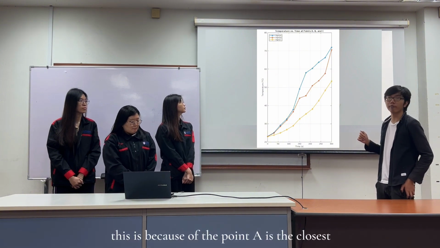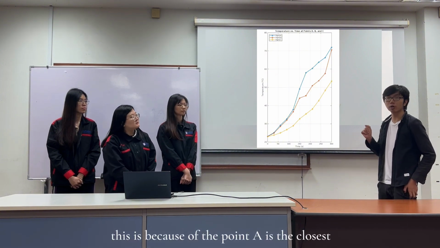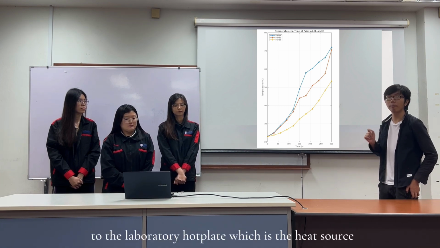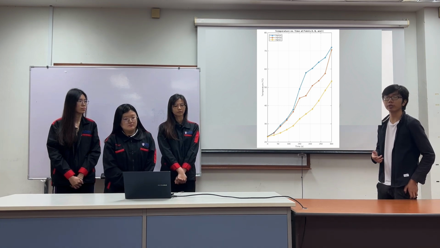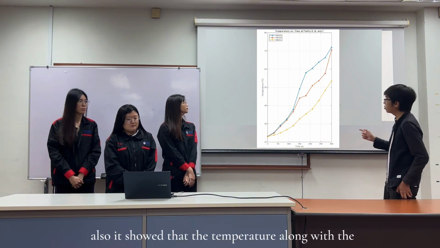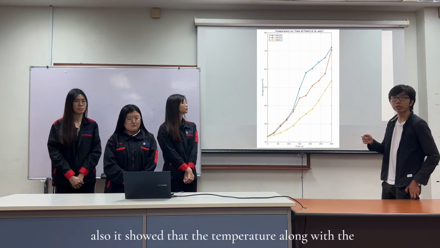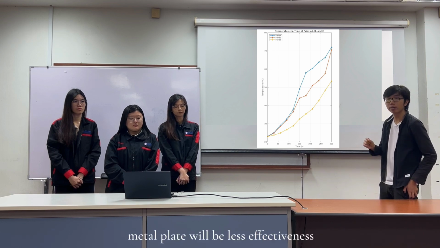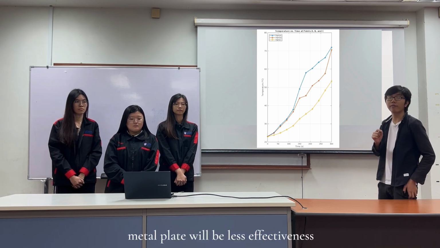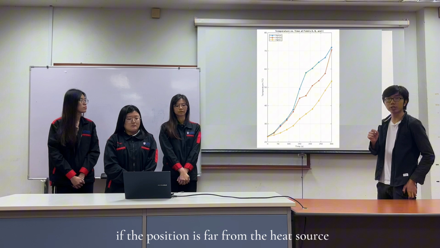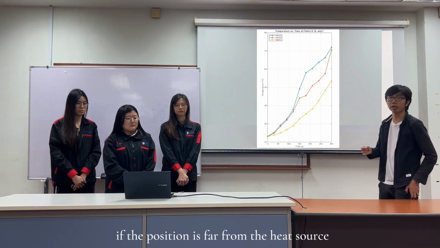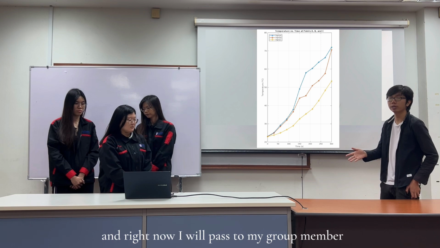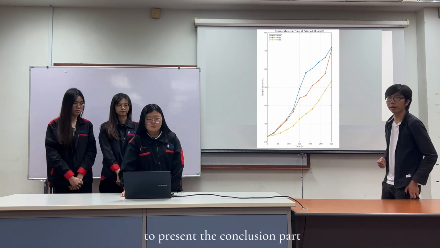This is because point A is the closest to the laboratory hot plate, which is the heat source. It also shows that the temperature along the metal plate is less effective if the position is far from the heat source. Right now, I will pass to my group member to present the conclusion part.